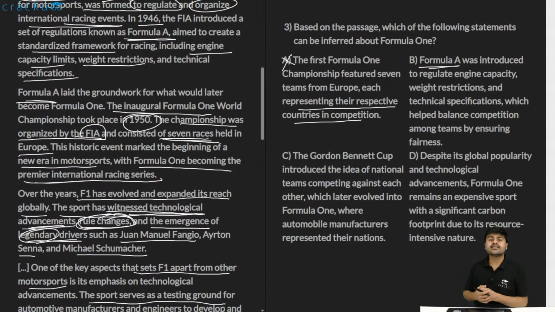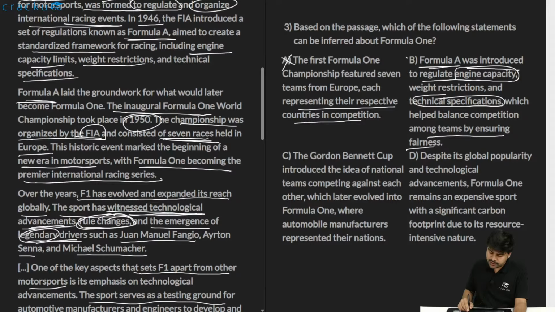Right, this is something that is true, but it is true about Formula A. This is not really something that can be said about Formula One specifically, right? We need to talk about Formula One. We are not really talking about Formula A.